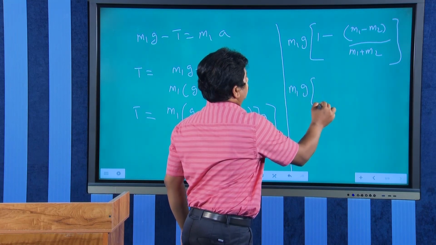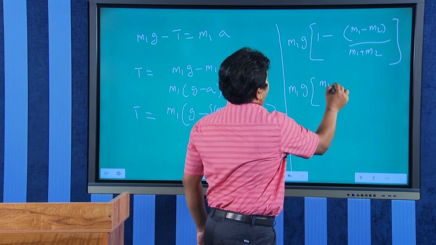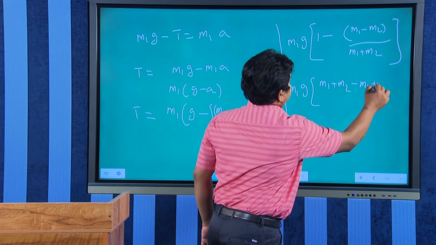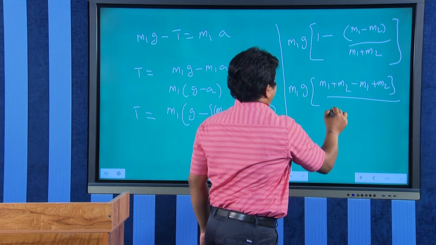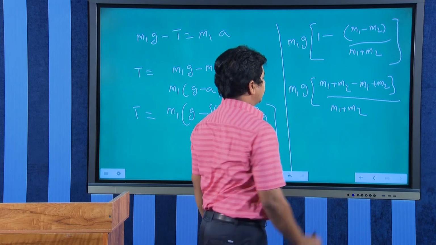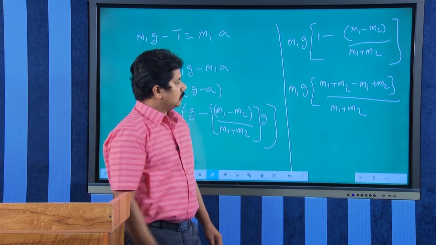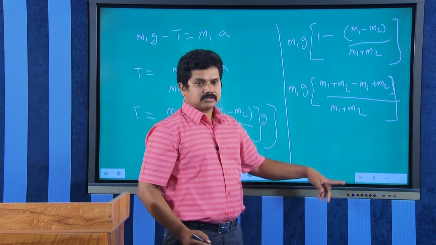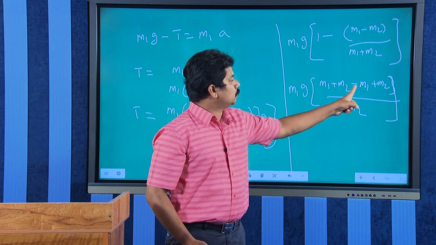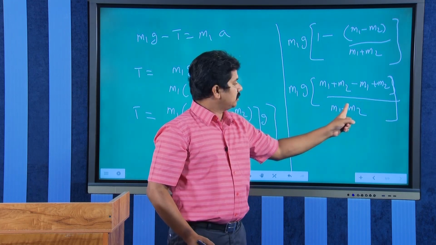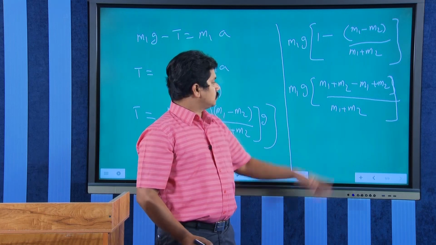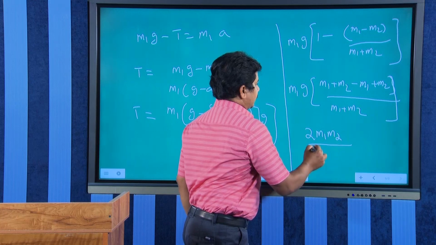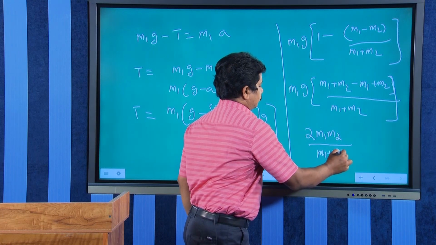So, you can rearrange it, what will you get? m1 g into m1 plus m2 minus m1 plus m2, by m1 plus m2, right. So, m1 and m1 get cancelled. In the numerator there will be 2 m2, m2 plus m2, and the denominator m1 plus m2. So, we will get 2 m1 m2 by m1 plus m2 into g.